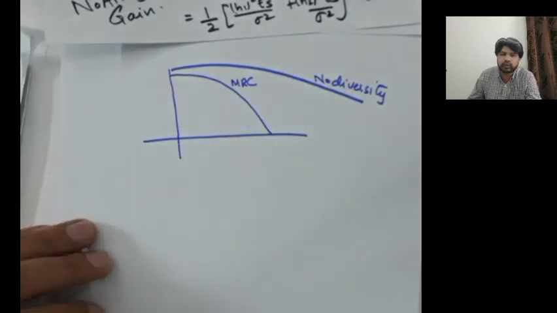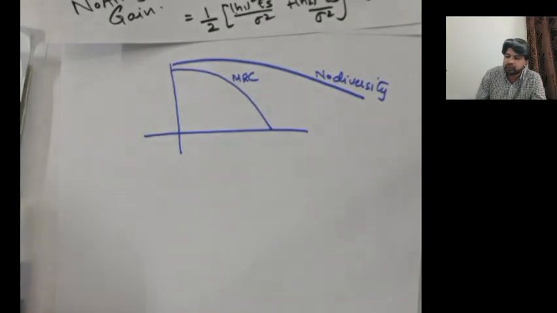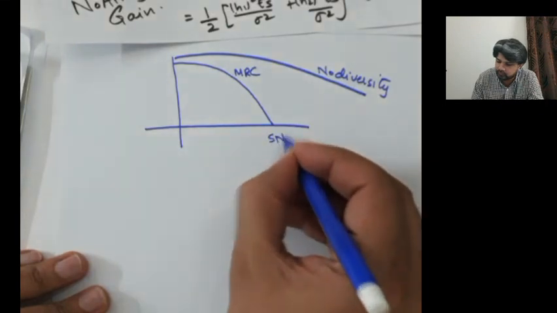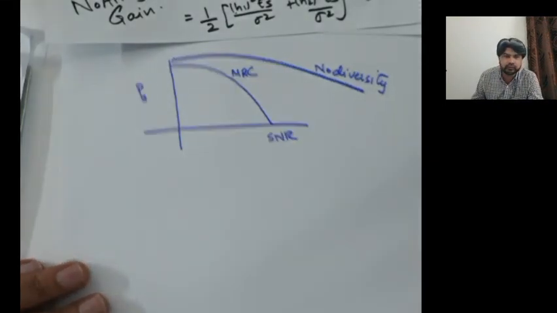Without diversity, you are really bad. With maximum ratio combining, you get a very good performance. Where would be the performance with the Alamouti scheme? Remember, this is your signal to noise ratio. This is your bit error probability or symbol error probability here.